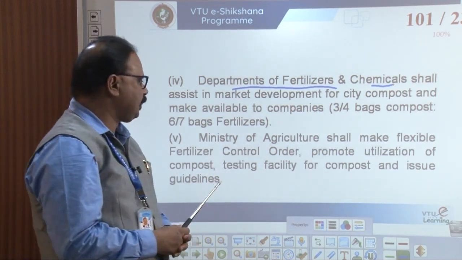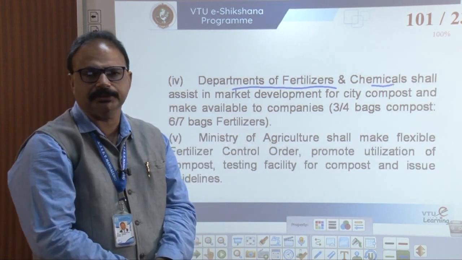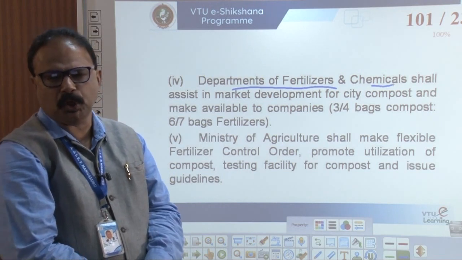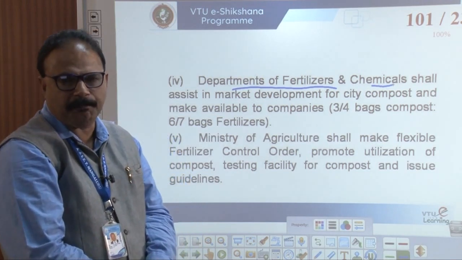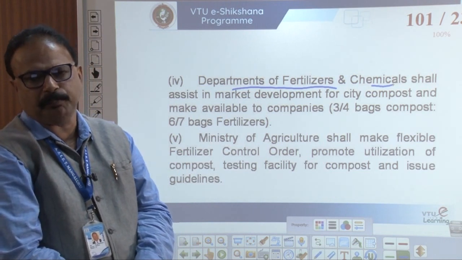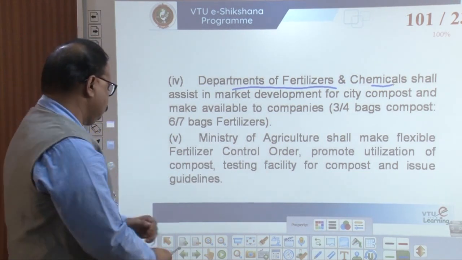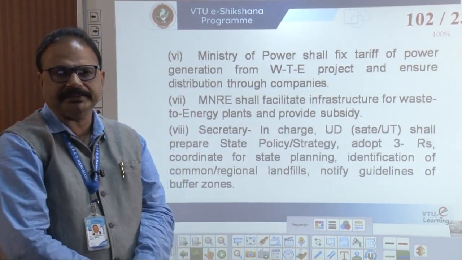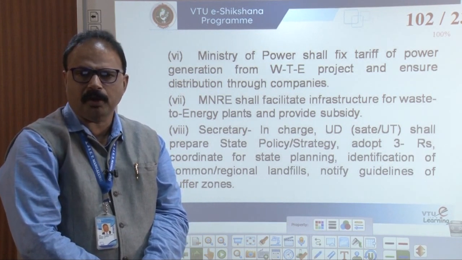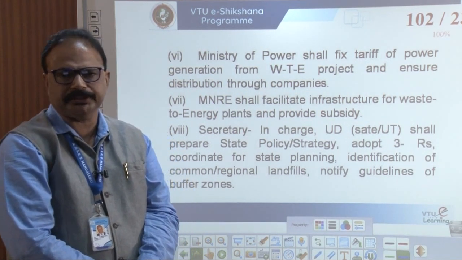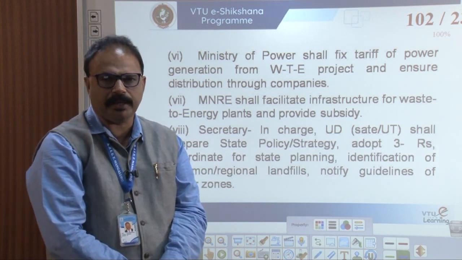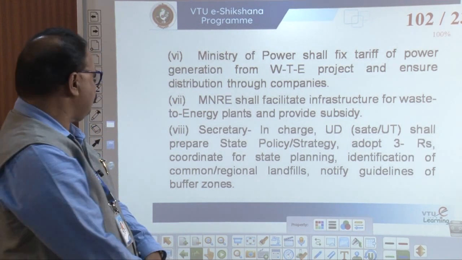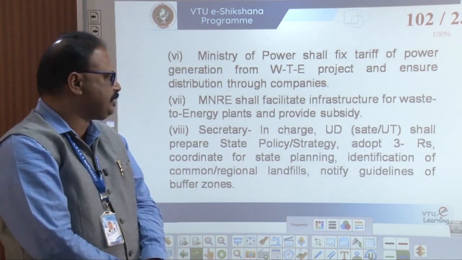The Minister of Agriculture shall also flexibly apply the fertilizer control order, promote organic compost, testing facilities for compost, and issue guidelines. The Minister of Power shall fix the tariff for power generation from WTE projects and ensure distribution through the companies. MNRE shall facilitate infrastructure for waste to energy plants and provide subsidy.